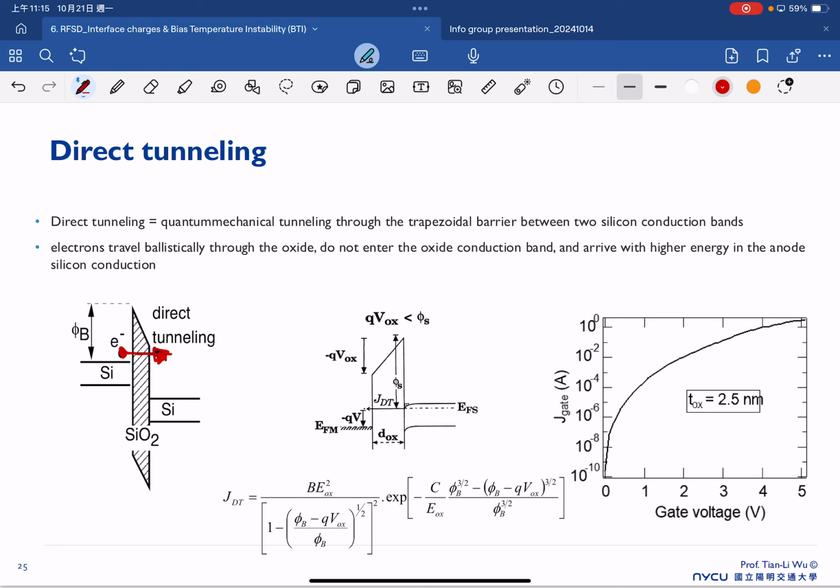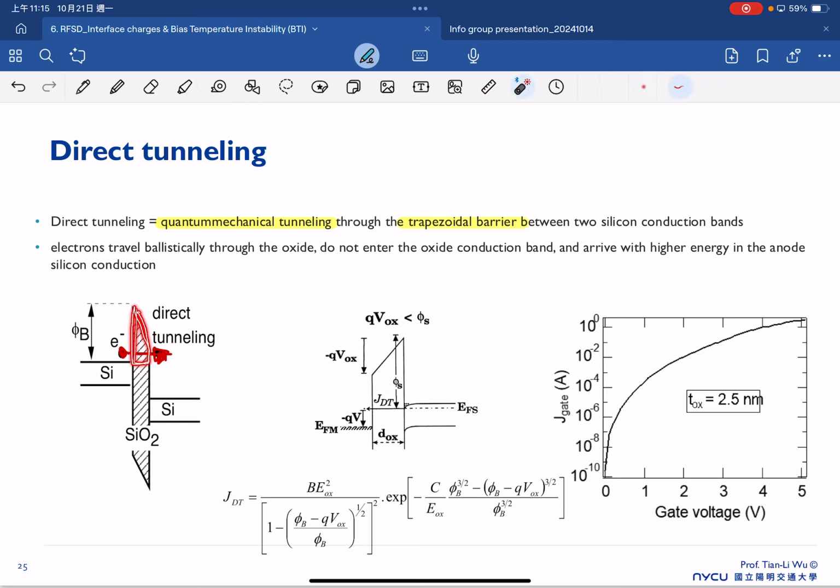It's just a typical tunneling through the whole barrier, because of the very thin dielectric. So direct tunneling is a quantum mechanical tunneling through the trapezoidal barrier between the silicon conduction band.